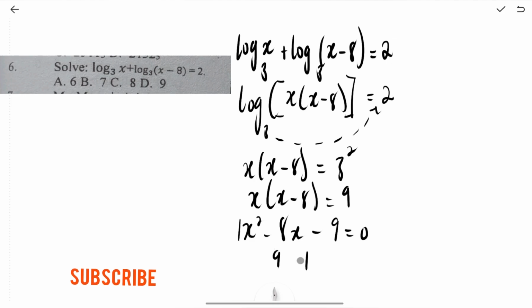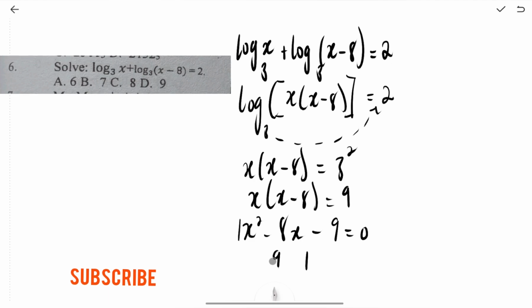Now that we have the two factors, we are going to put the signs in such a way that they correlate with the signs here, minus minus. To have minus at the multiplication side means it's not going to be minus minus or plus plus, because minus times minus will always give plus, and plus times plus is also plus.